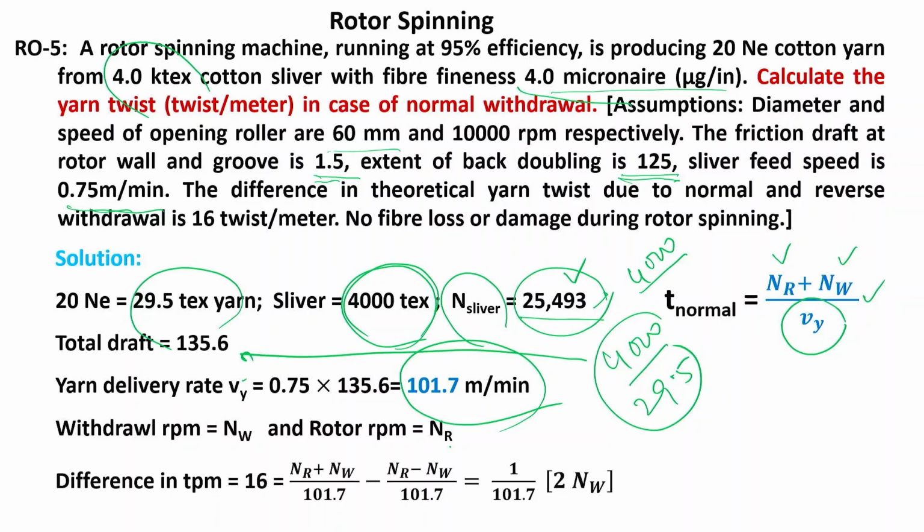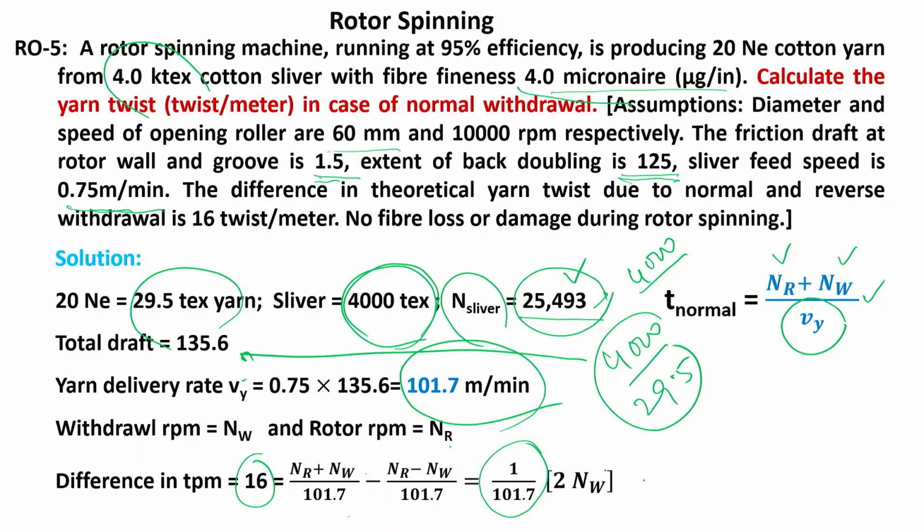Now, the difference between normal and reverse withdrawal is 16. So, (NR plus NW) by VD, that is 101.7, minus (NR minus NW) by 101.7, if we just simplify, we will get 1 by 101.7 multiplied by 2 NW.